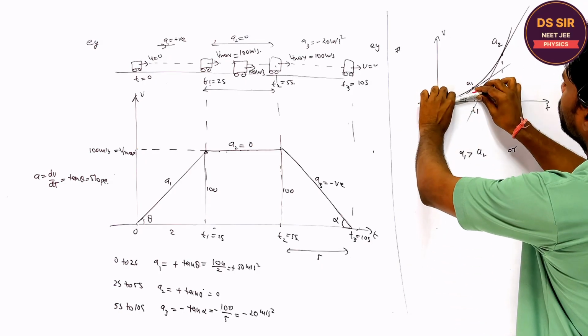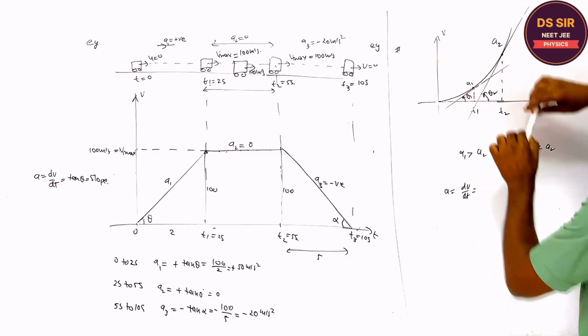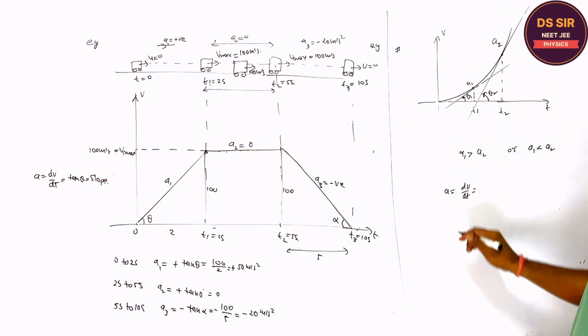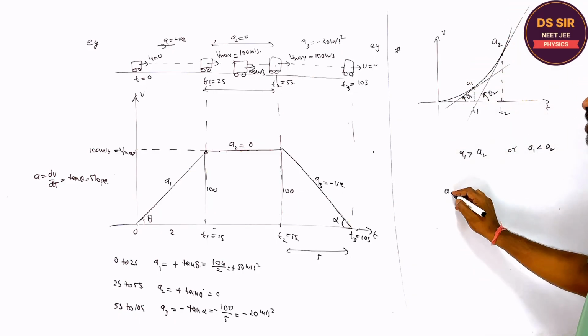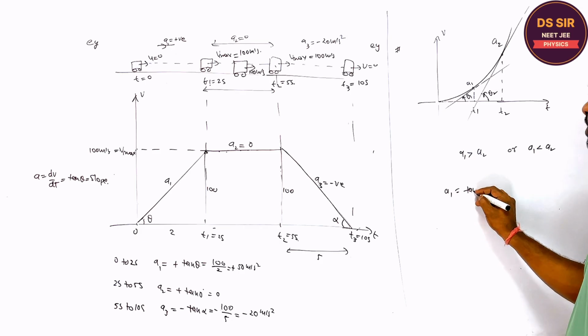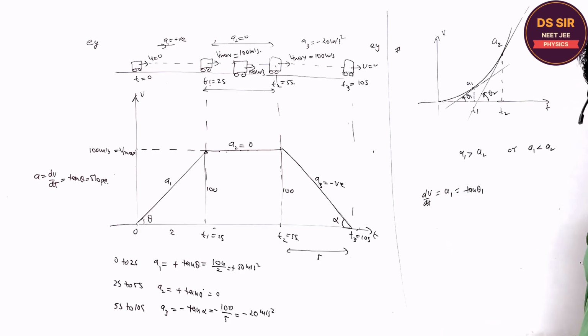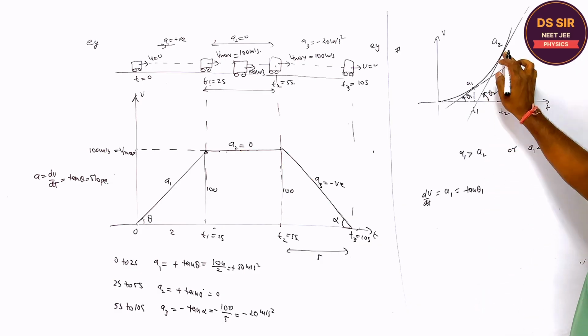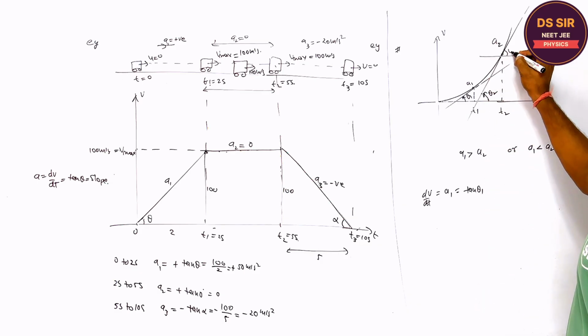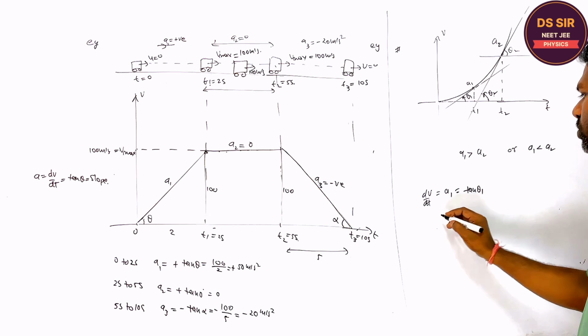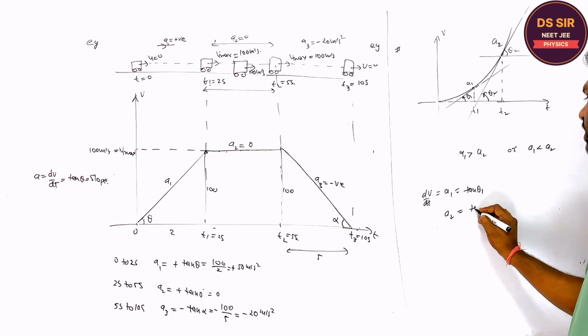This angle you will see is increasing continuously. So the acceleration a1 is what? The acceleration a is nothing but equal to tan theta1, which is also equal to the rate of change of velocity, right? And at this point, the acceleration is tan theta2.